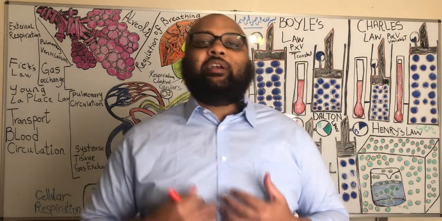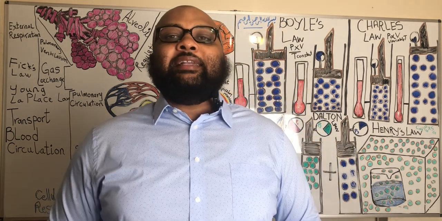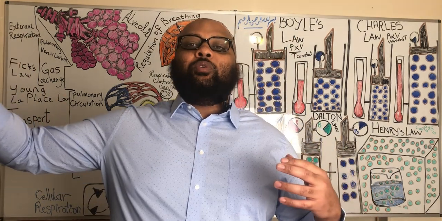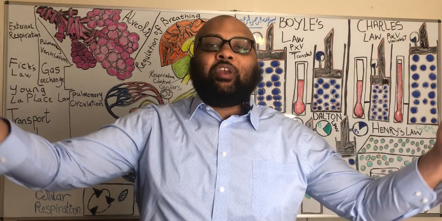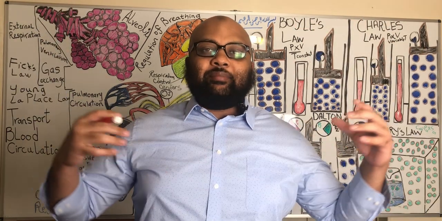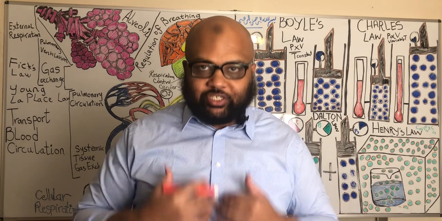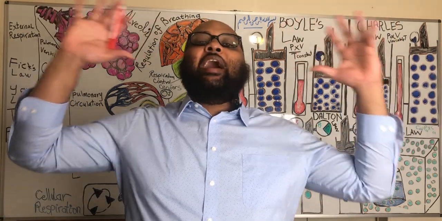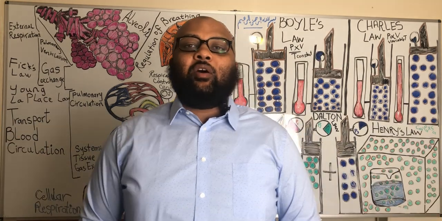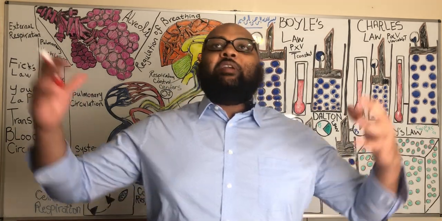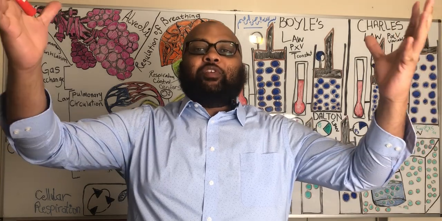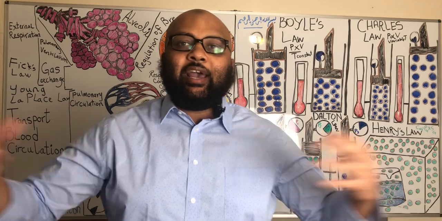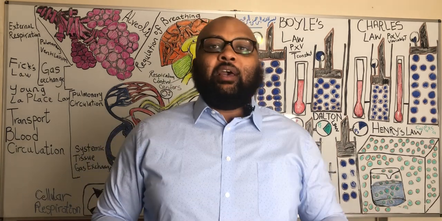When we inspire, when we take a deep breath, the air flows from the atmosphere into the lungs. So in order for inspiration to take place, air has to flow from an area of high pressure to an area of low pressure. If air flows in from the atmosphere into my lungs, that means the atmosphere has high pressure and my lungs have low pressure.